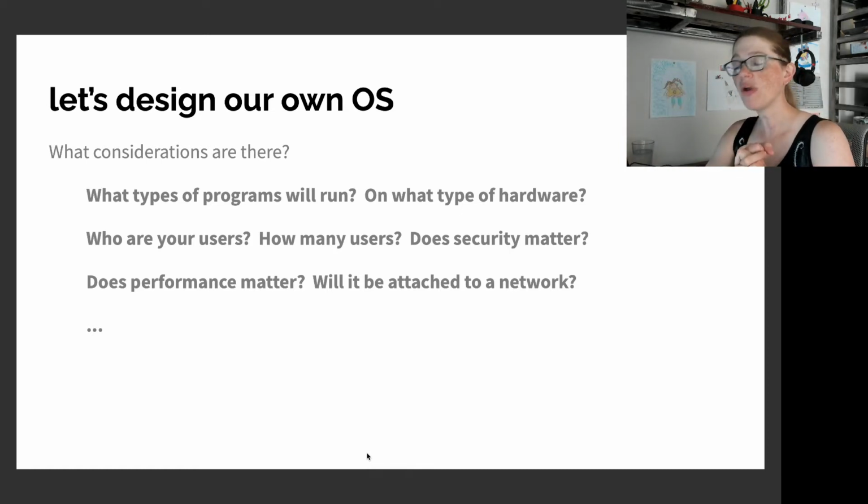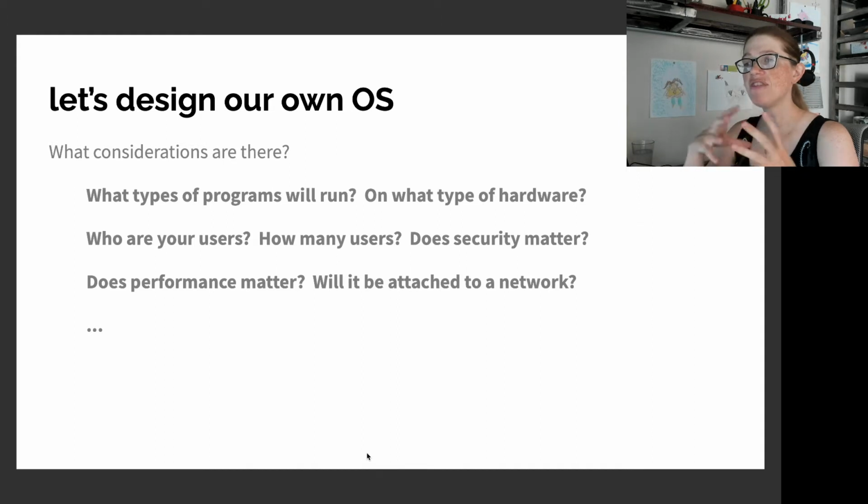So knowing what kind of hardware you're going to run on is actually a big part of this. And also knowing what kinds of programs you're expecting the operating system to be executing is also very important, because obviously with your desktop computer, you're going to be anticipating that you're running things like Chrome and Firefox. And presumably you want to be able to run video games.